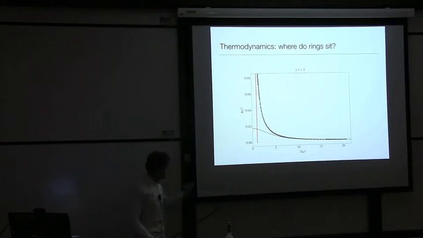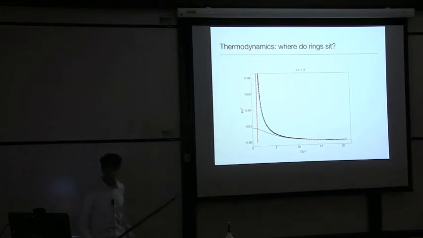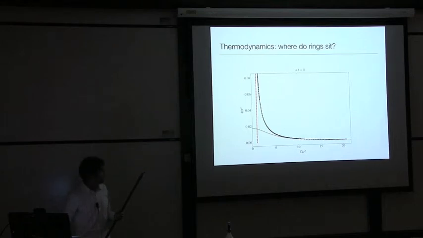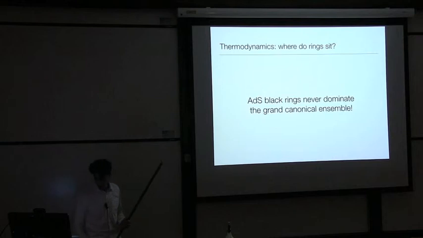So these black rings, and in fact all these small black holes with angular velocities greater than 1, are all unstable. So black rings are always unstable and never dominate the grand canonical ensemble. And that's one of the conclusions of our work.